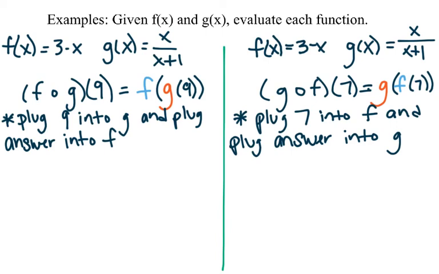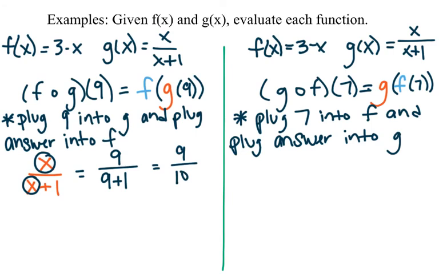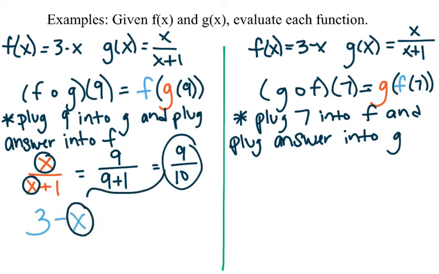So the first one, we're working with the G function. And so what we're going to do is take the X values and replace them with the number 9. So 9 divided by 9 plus 1. So that is 9 over 10. I'm going to take that answer and plug it into the F equation. So the F equation is 3 minus X. I'm going to replace X with the answer I just found.